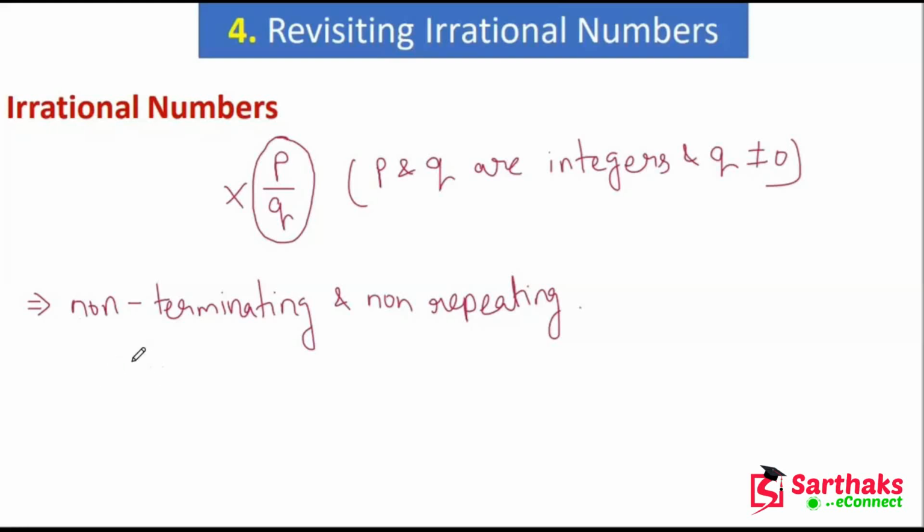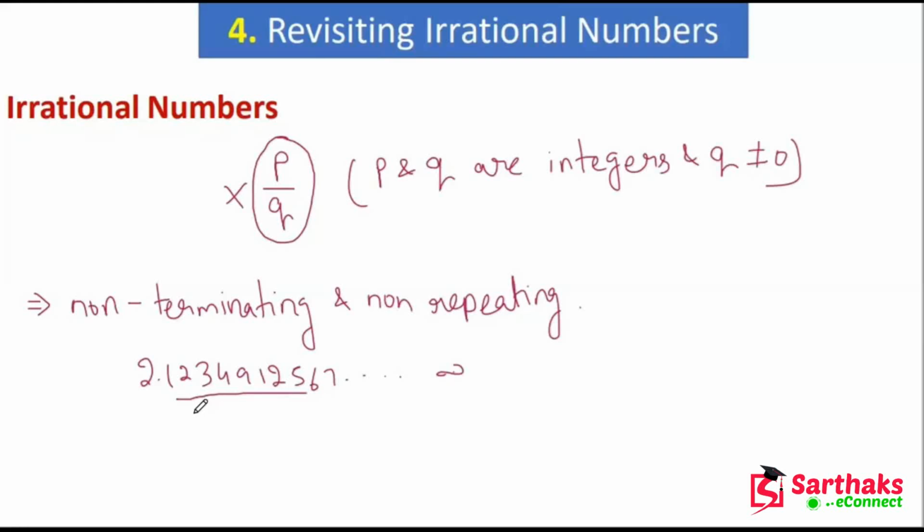For example, let's suppose we have a number like 2.123491256 dot infinity. Here this is a non-terminating number, and also non-repeating, which means there is no repetition after the decimal. That type of number is called an irrational number.